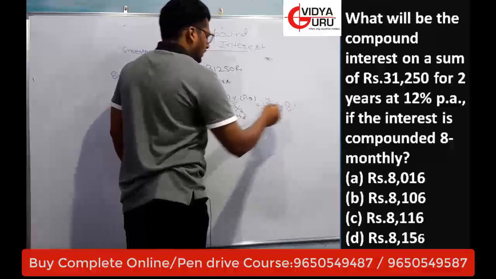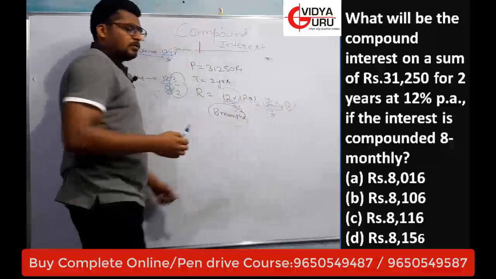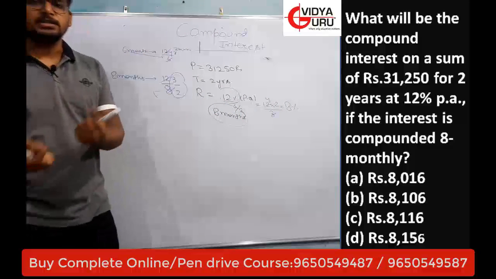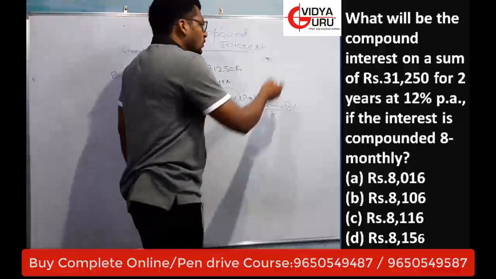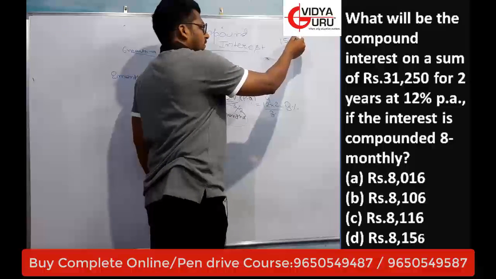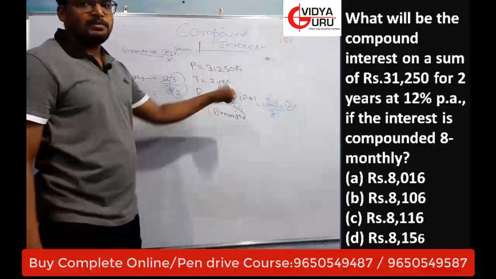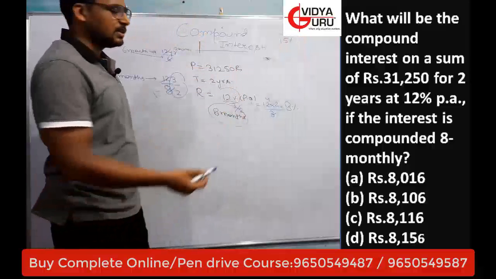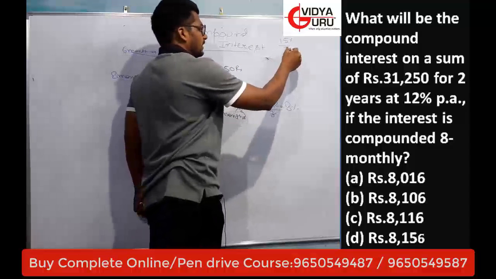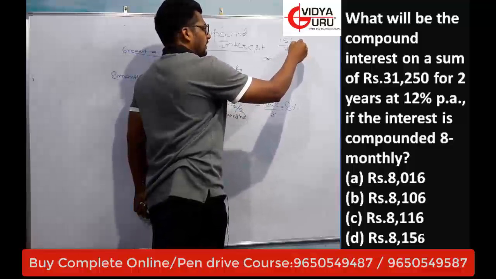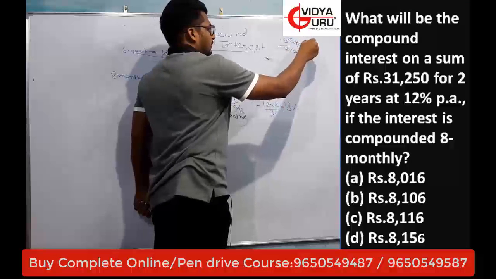As I have told you, this rate was very easy, 12%. For 12 months it is 12%, for 8 months it will be 8%. But suppose it was 15%. Then it was not easy to find out. For 12 months it is 15%, for 8 months it will be 15 into 2 by 3, and it will become 10%.